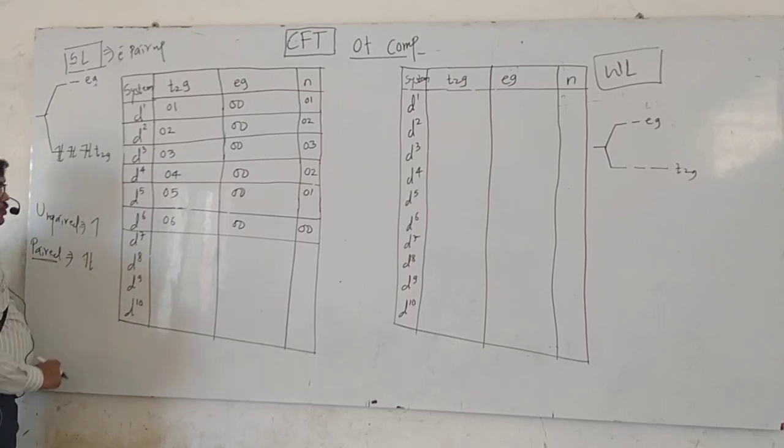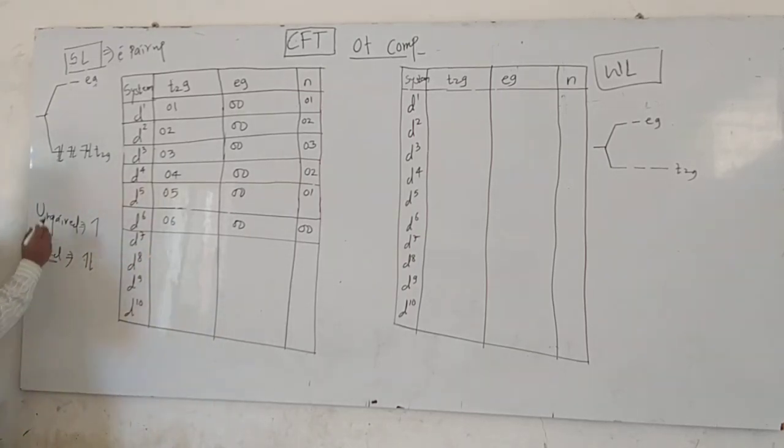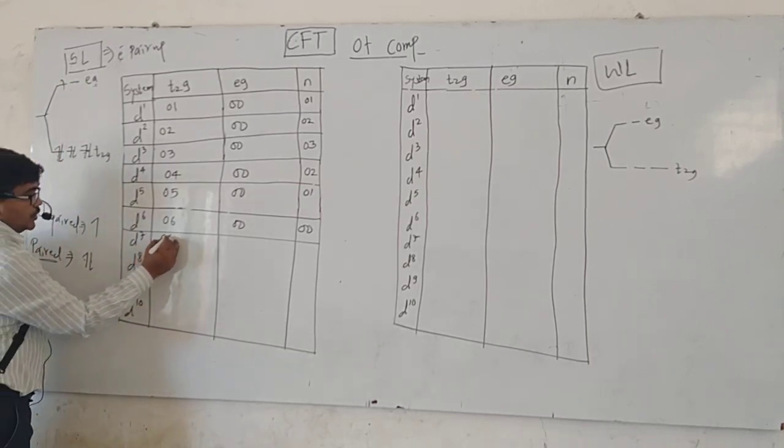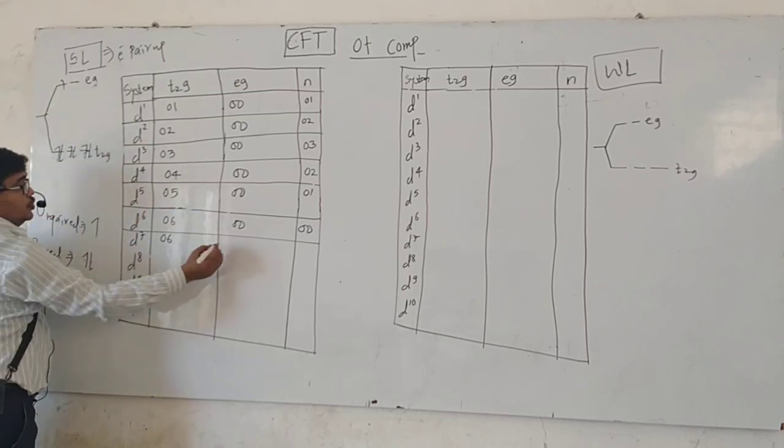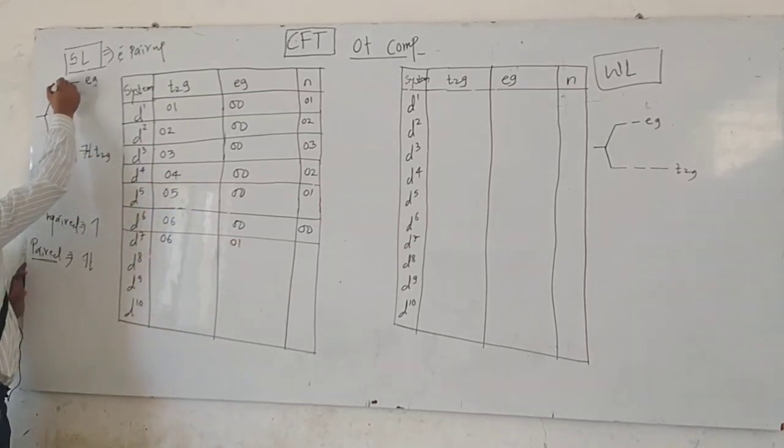Okay. Now D7 system. 1, 2, 3. Strong ligand means electron will pair up. So 4, 5, 6, and then 7th electron will enter into EG. So in the T2G, 6 electrons are there, and in the EG, 1 electron is there.